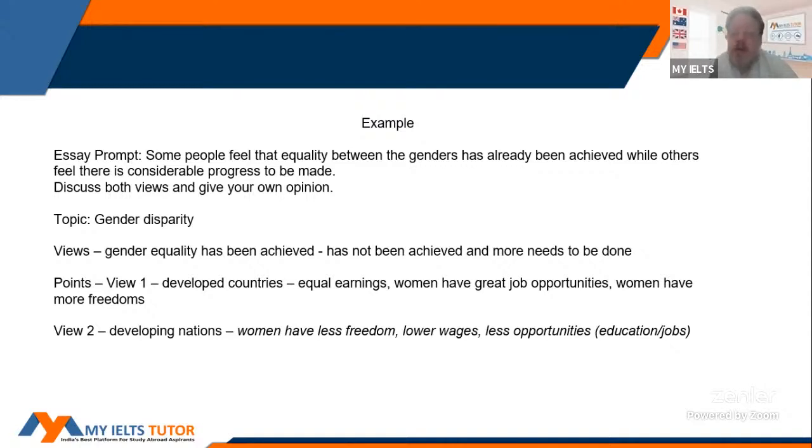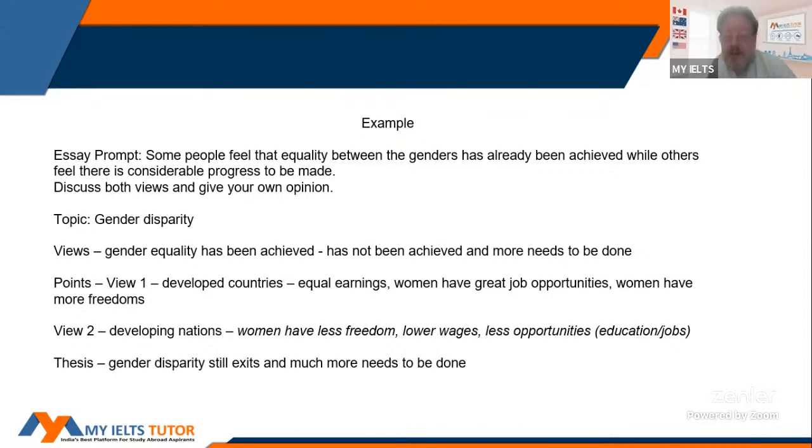And so if I were to write the full essay, my view is going to be that view two has more validity, okay? Meaning it's more valid, has more weight. And so now my thesis: gender disparity still exists and much more needs to be done.